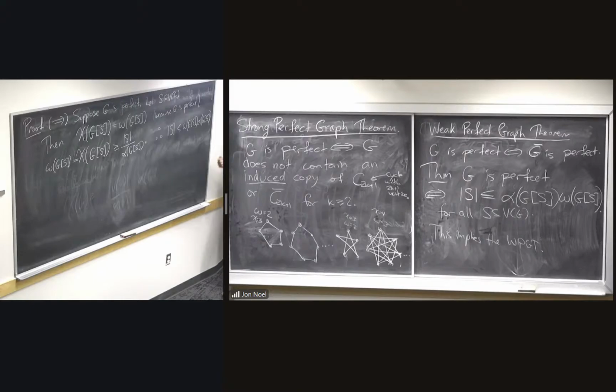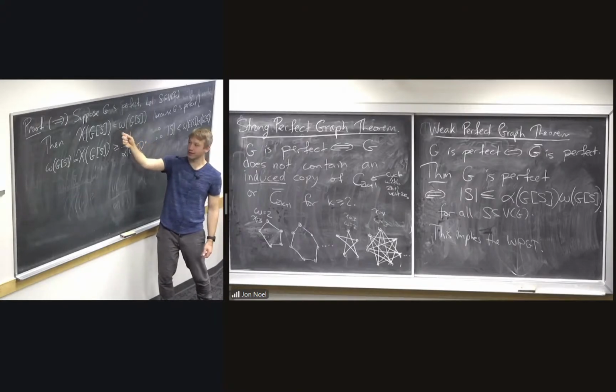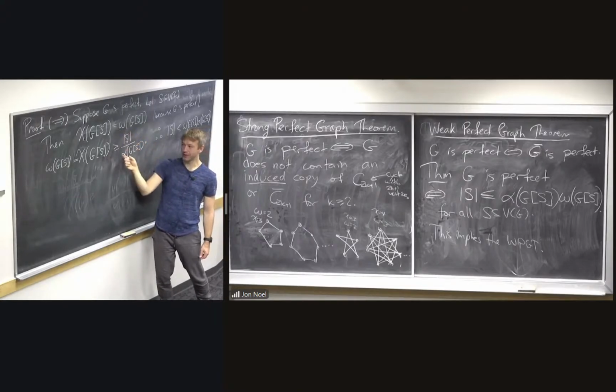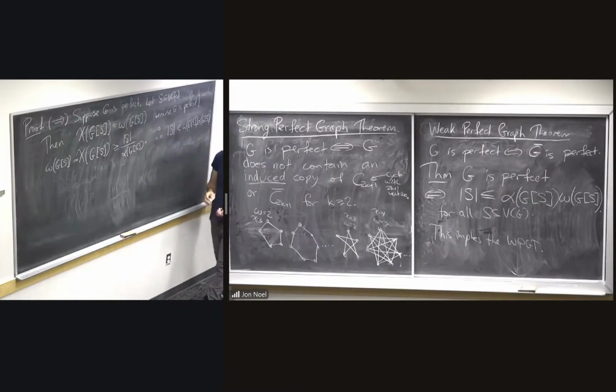I'm just using the definition of perfect and this trivial lower bound on the chromatic number. Is that good? Any questions?